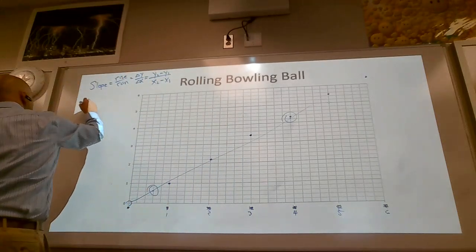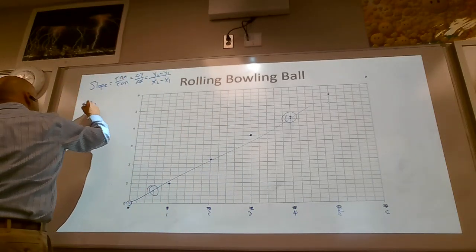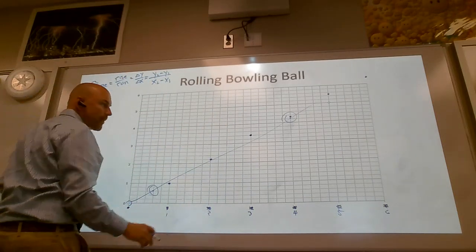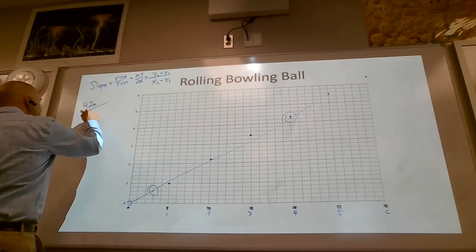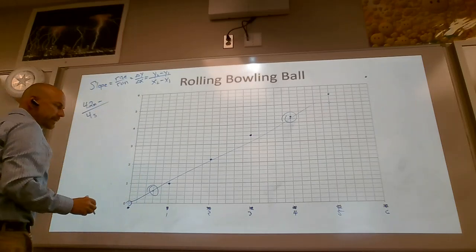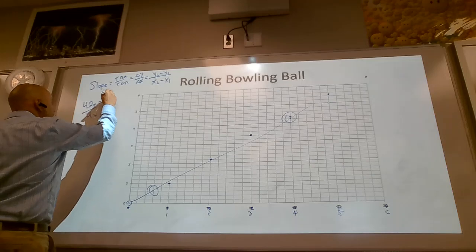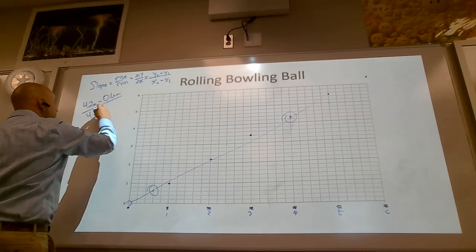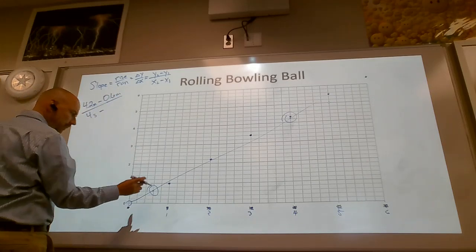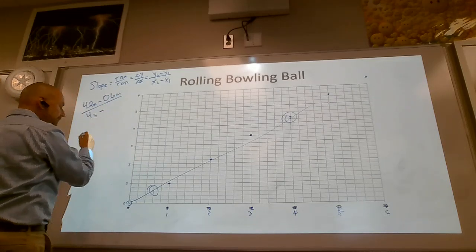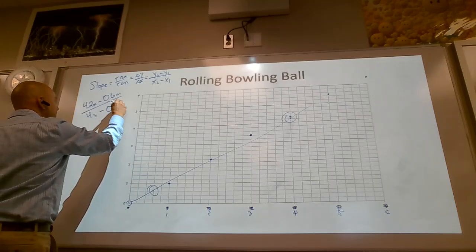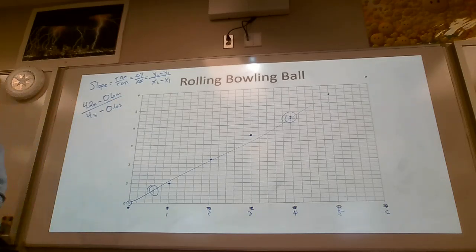Okay, so I've got 4.2 over 4 seconds minus 0.6 over 0.6 seconds. Good with that? Okay.